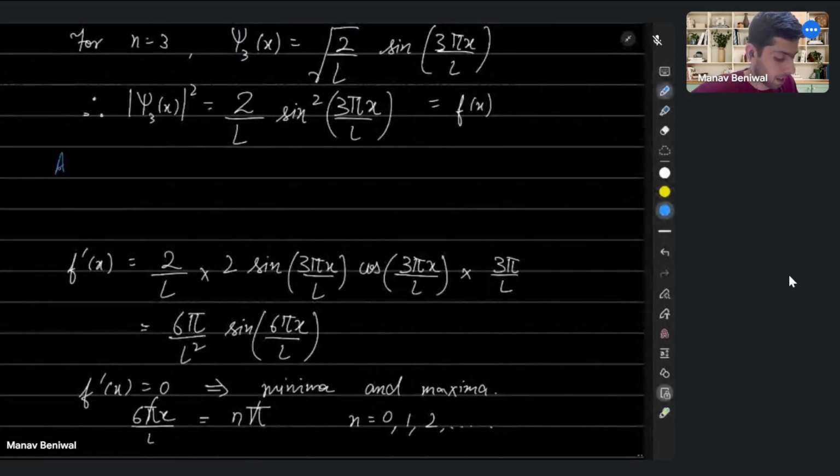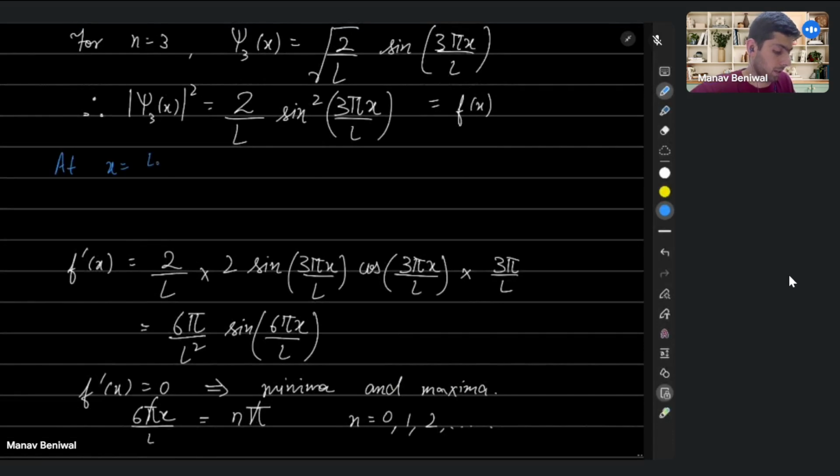So at x equals L over 6, we will get mod psi 3 squared as 2 over L sine squared of 3 pi times L over 6.